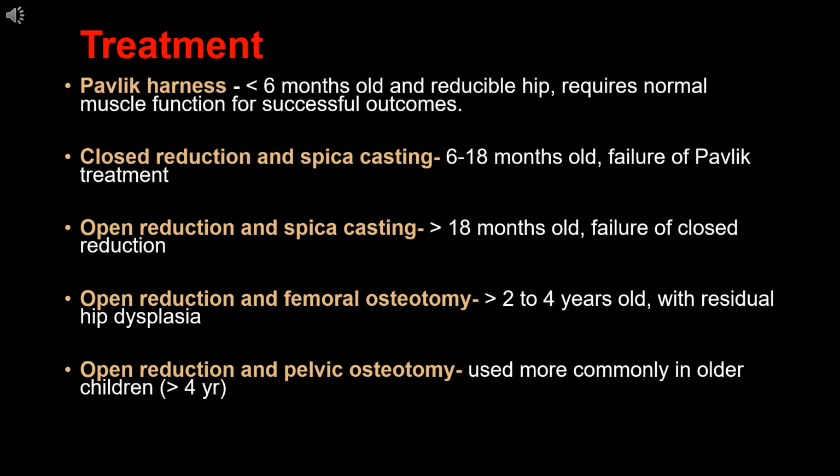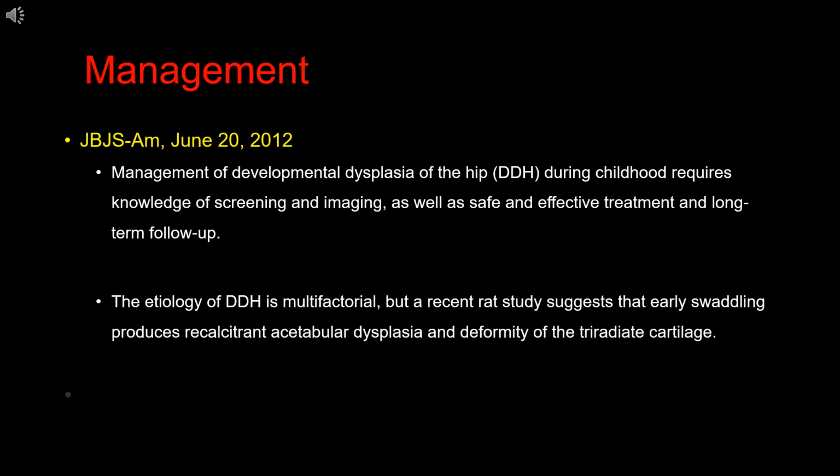More than 2 to 4 years old with a residual hip dysplasia, open reduction and femoral osteotomy. More than 4 years old, open reduction and pelvic osteotomy is required. Management of developmental dysplasia of the hip during childhood requires a knowledge of screening and imaging as well as safe and effective treatment and long-term follow-up.